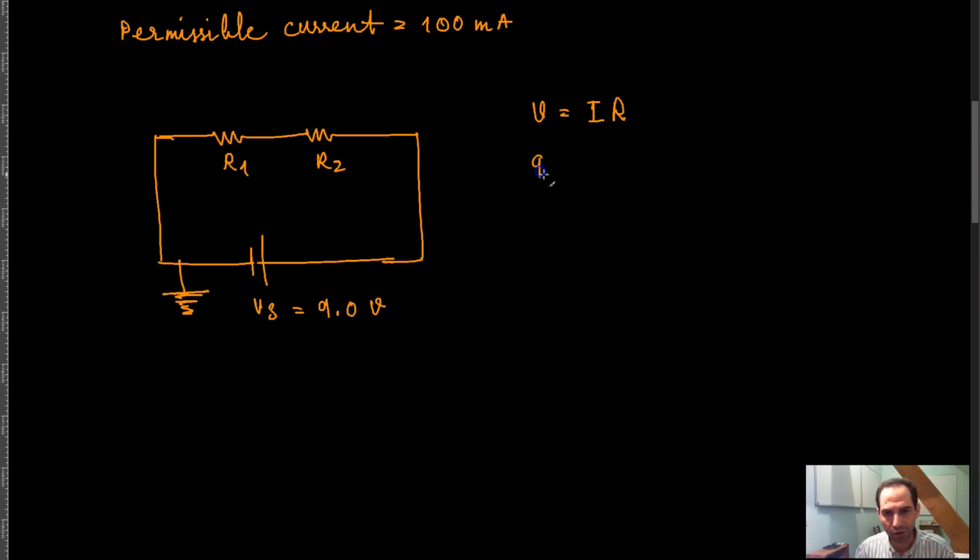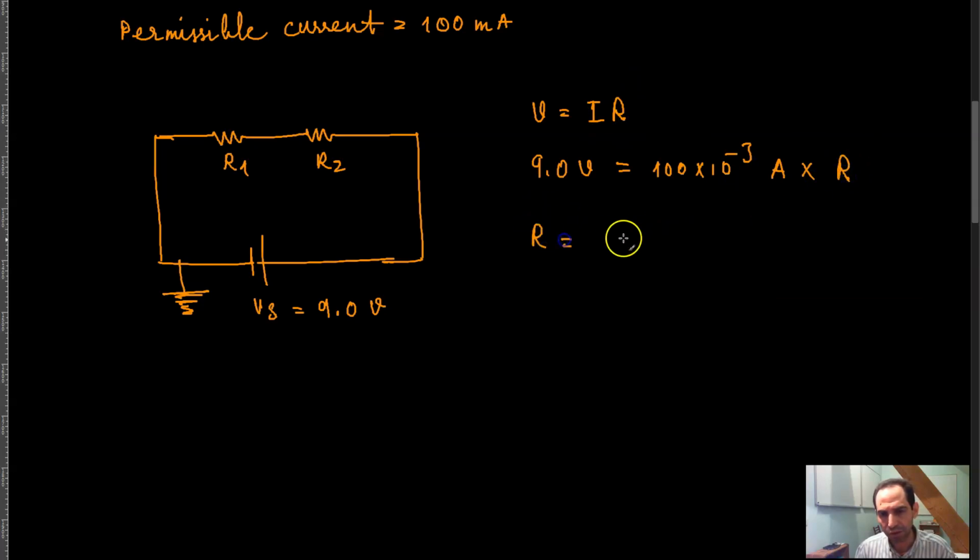and basically the voltage is 9.0 volts. The current is 100 milliamps, so that's 100 times 10 raised to the power negative 3 amps, times the resistance, which we want to calculate.